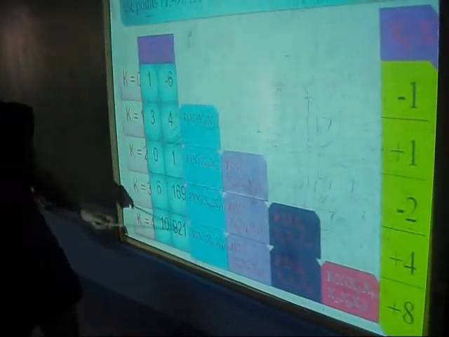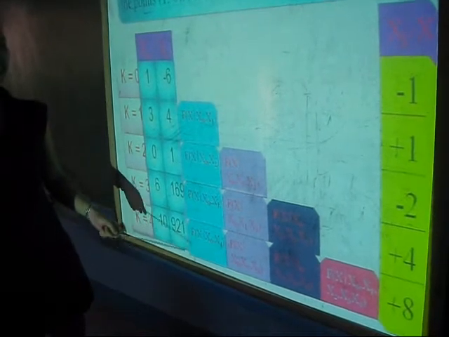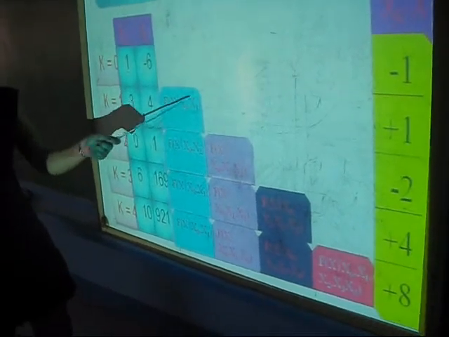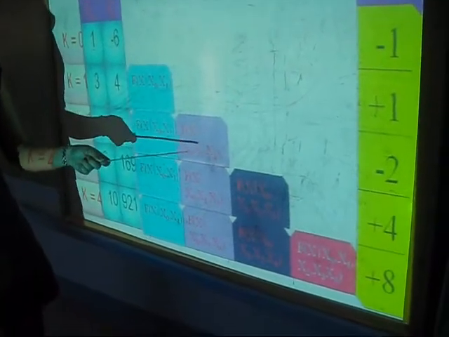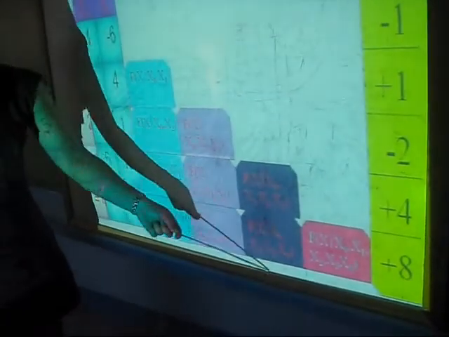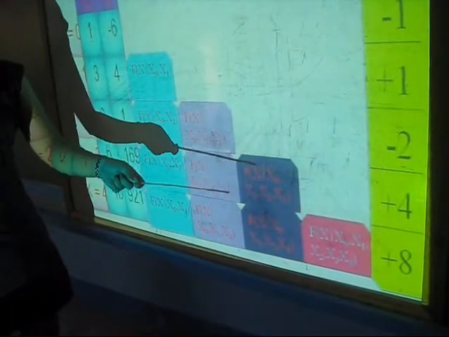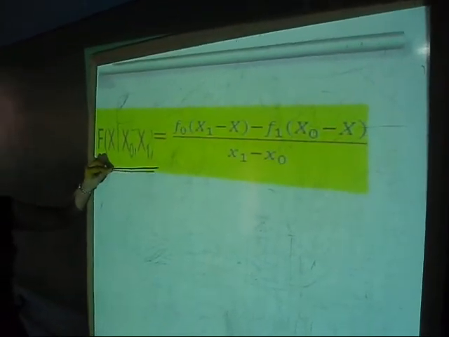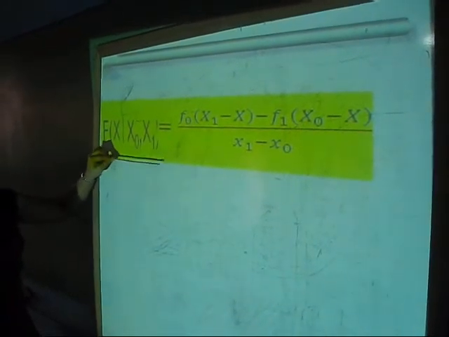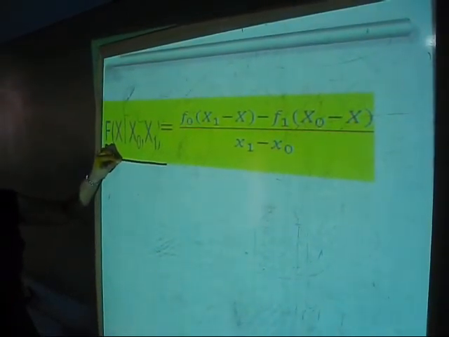And then we will get the first divided cross multiplication given 2 points, the second given 3 points, the third given 4 points, and so on and so forth. So this is the formula in finding the first divided cross multiplication given 2 points.